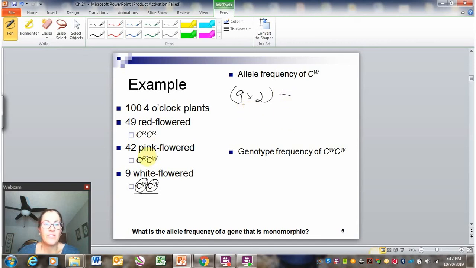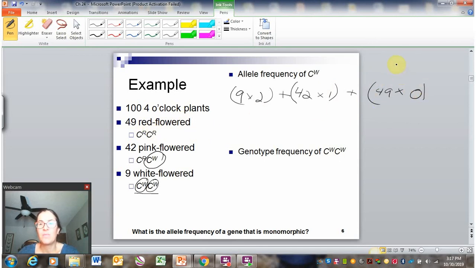And then the heterozygotes, there's 42 of them, but each one of them only has one white allele, so I'm just going to multiply by 1. You don't actually have to do that, but it shows where I'm getting that value from. And then the red flowered plants, there are 49 of them, but they have 0 white alleles, so I'm multiplying that by 0.